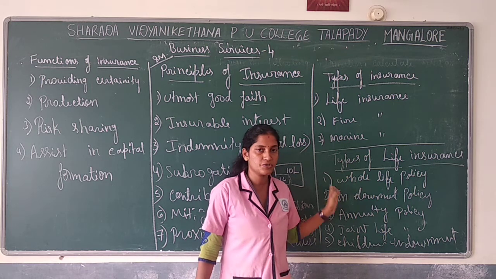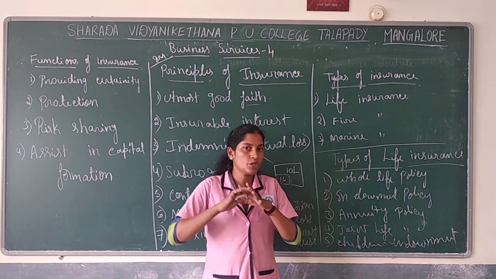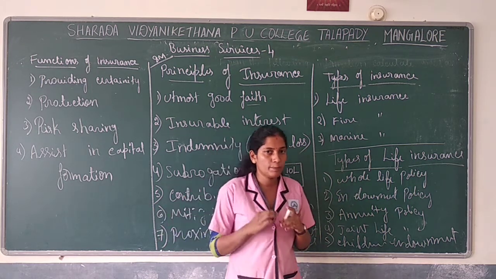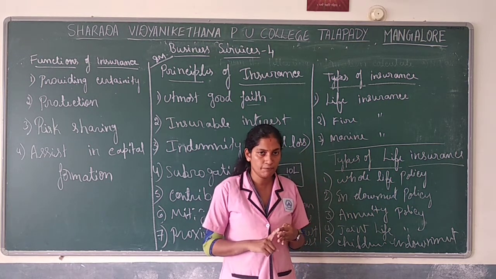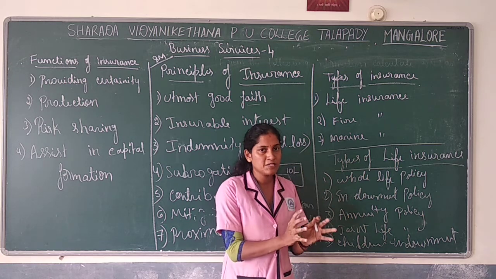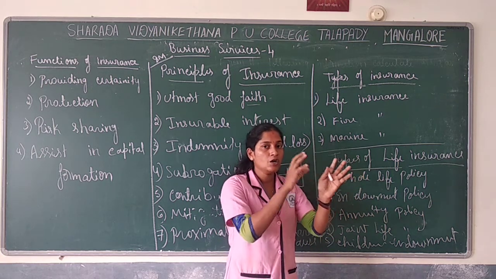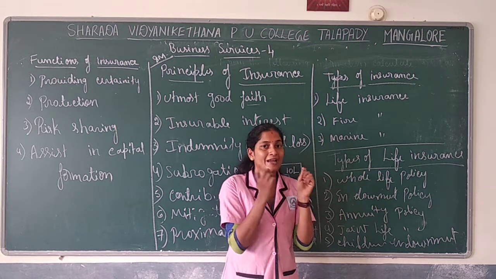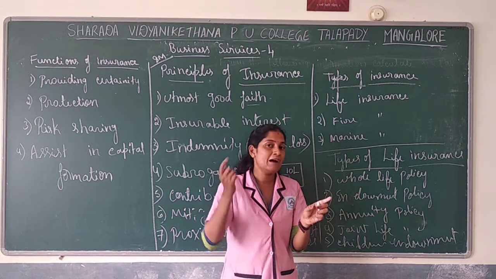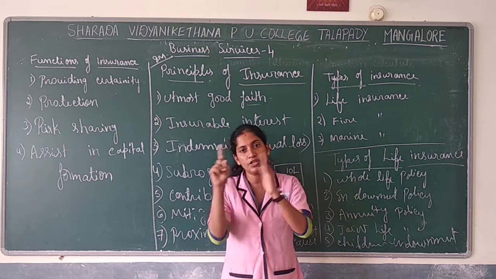First one, whole life policy. As the name suggests, students, a whole life policy is taken for the whole life. A certain amount of premium should be paid either monthly, quarterly, half yearly, yearly, or in one lump sum. Till he dies, the person keeps paying, and he will not get it himself. After his death, it will be given to his family.